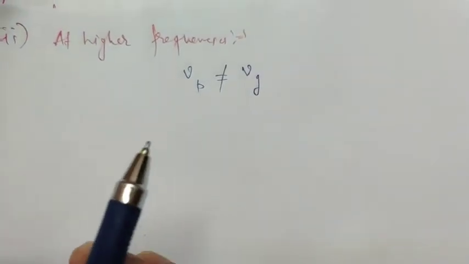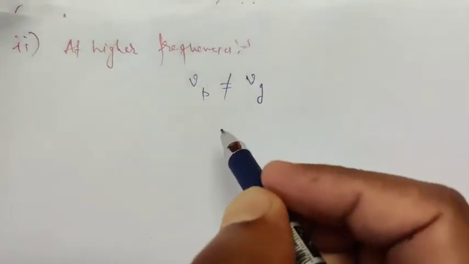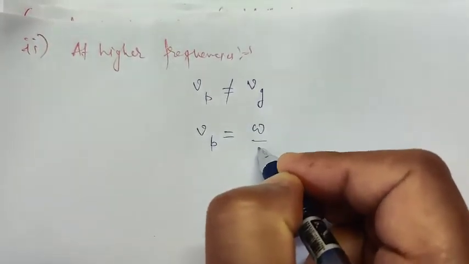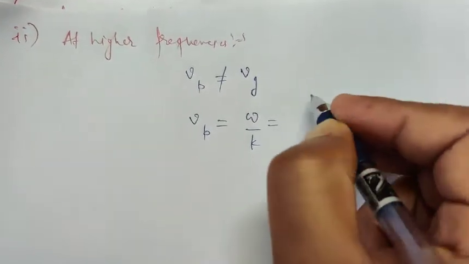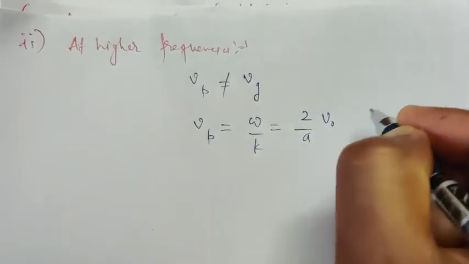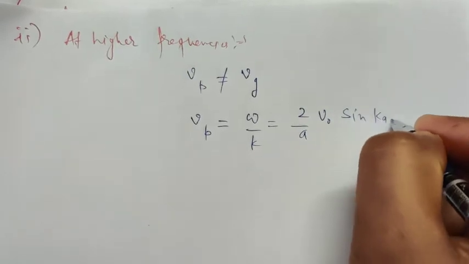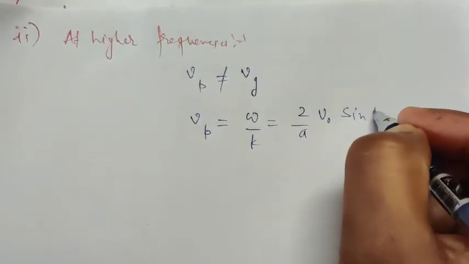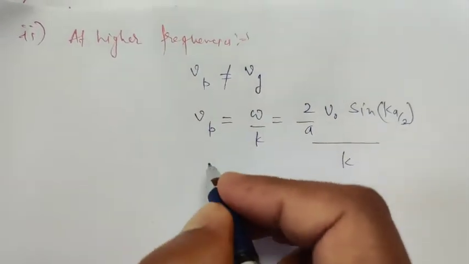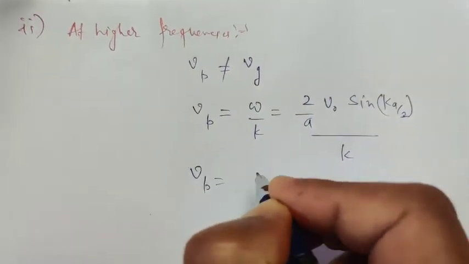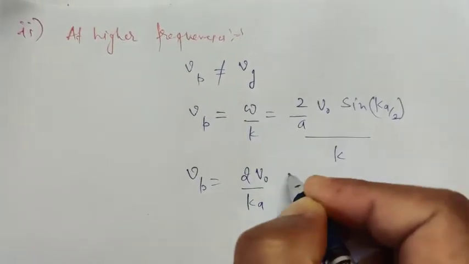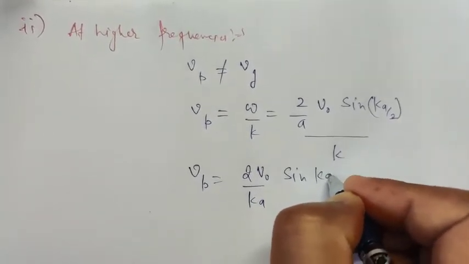So your equation number 9 can be written as: phase velocity is omega upon k. What is omega? Omega is 2 upon a, v naught, sine k a upon 2, and this is divided by k. So your phase velocity will be 2 v naught upon k a, sine k a upon 2.